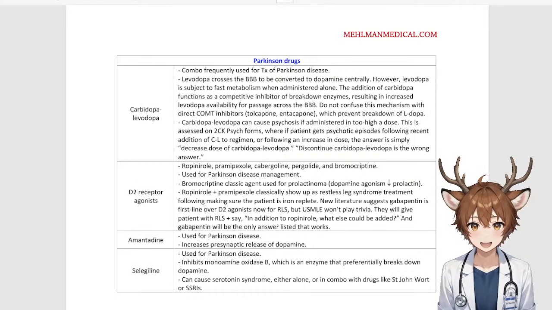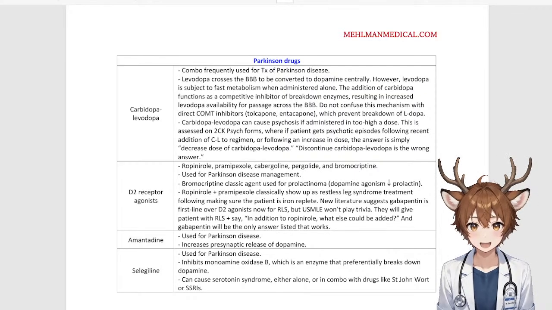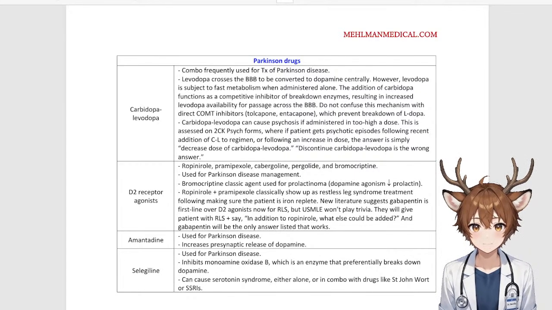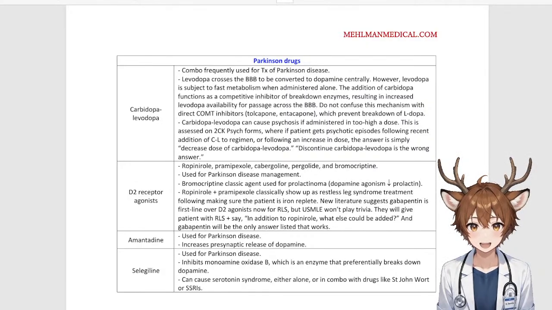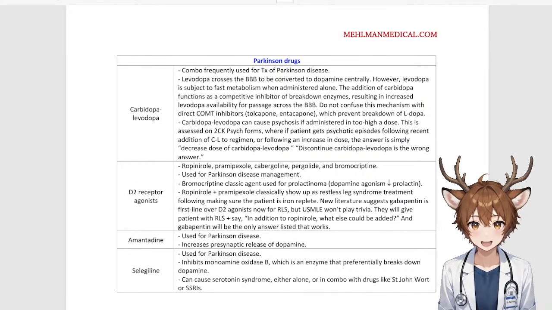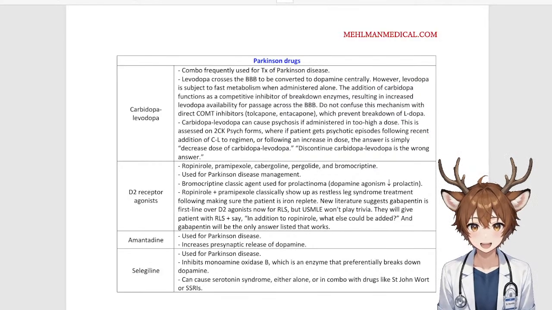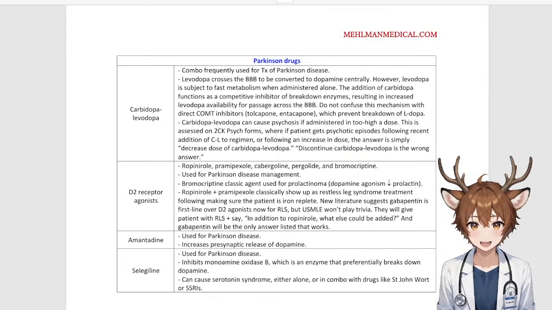Dopamine cannot cross the BBB itself. Only the levodopa antecedent can. So you have to ensure peripheral conversion does not happen, and then there is enough time for the levodopa to get into the central system, where it can be converted to dopamine. That's why carbidopa is useful: it prevents the conversion of levodopa into dopamine before it crosses the BBB. Make sense?